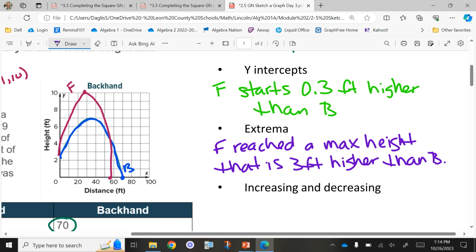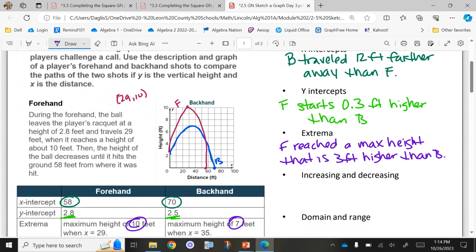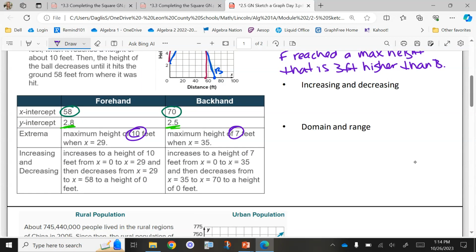All right. How about increasing and decreasing? Do they both increase and then decrease? All right, so they're both increasing and decreasing, right? Okay, but what else could I say about the increase and decrease? So let's see, they told me down here.